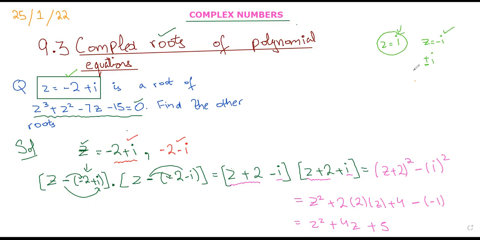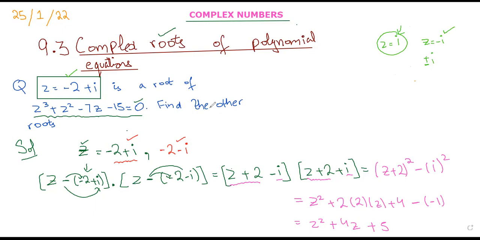So you could see in the last part as well that whenever you have a complex root, it is not alone. It comes in pair every time. You write a pair of two complex numbers whenever you have been told that one is a root.